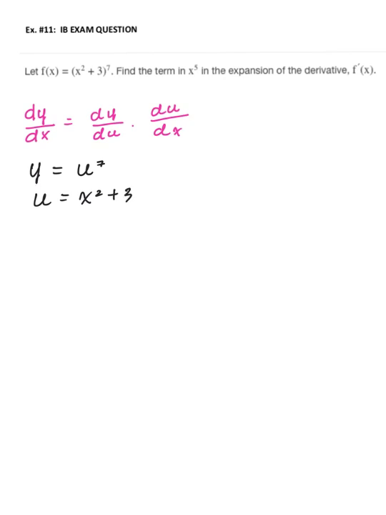Find the derivative of the big picture function, which is dy over du, which is equal to what? What's the derivative of u to the 7th? 7u, yeah, 7u to the 6th, right?